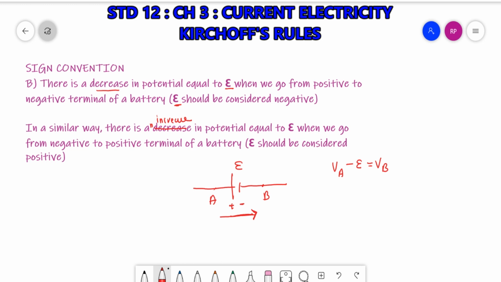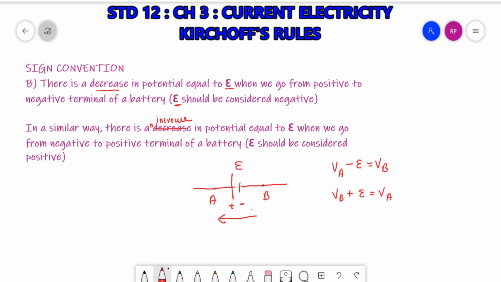In that case, EMF must be considered positive, meaning when you go in reverse from B to A, VB plus epsilon equals VA. So moving from positive to negative terminal, minus epsilon. Moving from negative to positive terminal, plus epsilon.